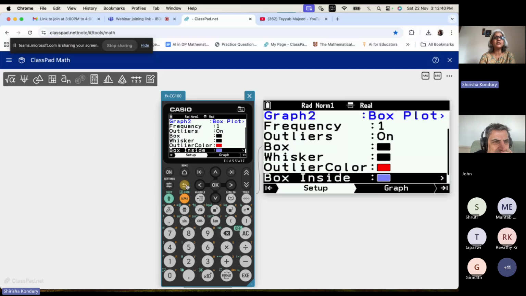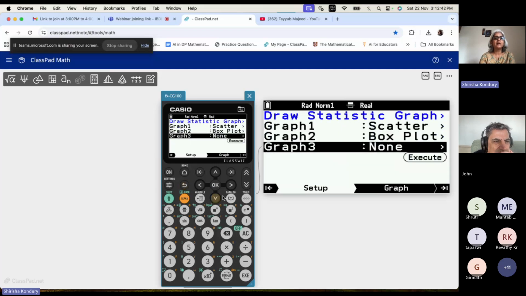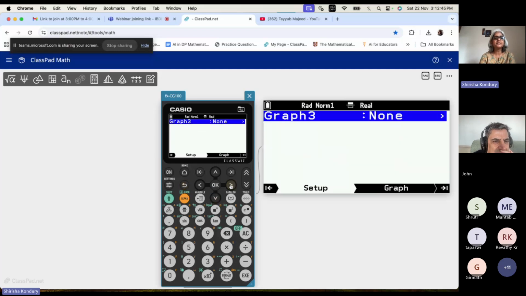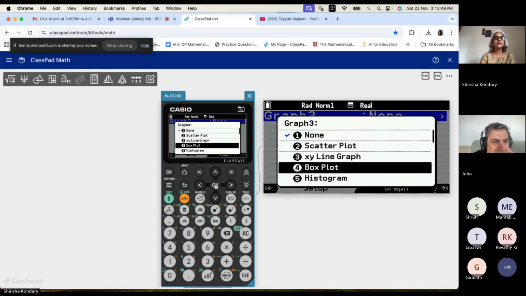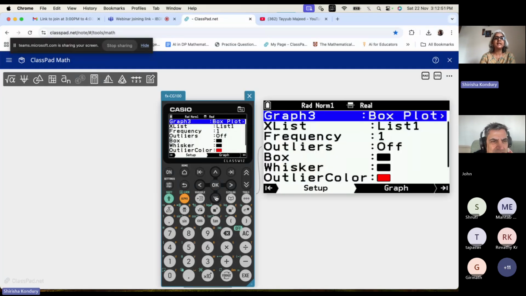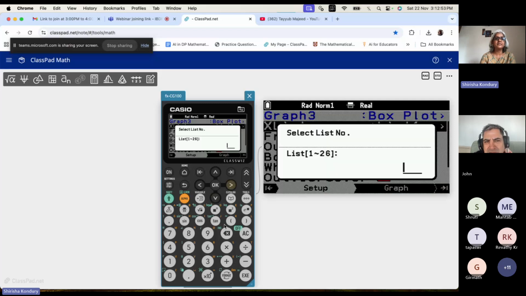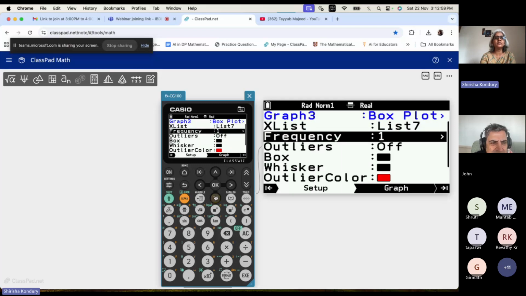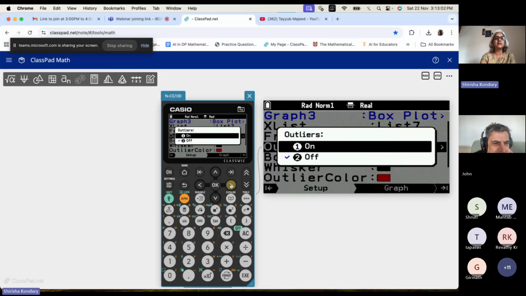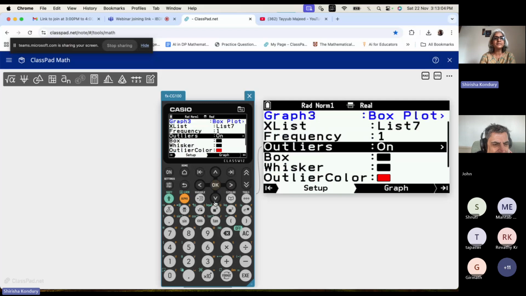Okay, I'm also going to set up graph 3 also for a box plot with data from list 7. And here also I want to have the box, the outliers kept on.